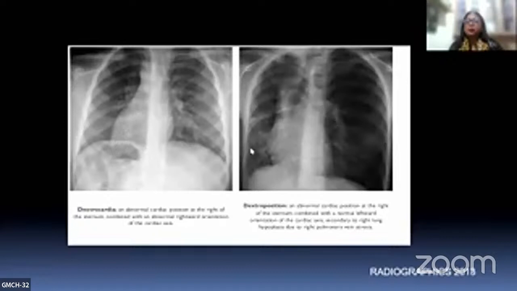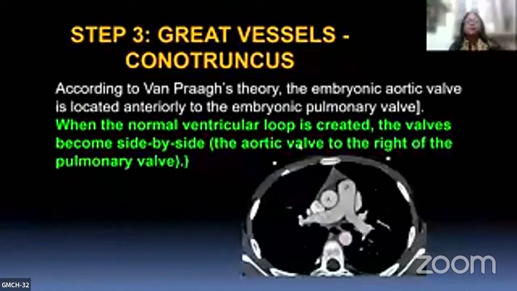In this patient of pulmonary hypoplasia, there is shifting of the heart towards the right side of the thorax, but the base apex axis is still on the left side. So this is dextro position and not dextrocardia. So we need to see this cardiac position and the base apex axis very well to call it dextrocardia or levocardia or dextro position or meso position.